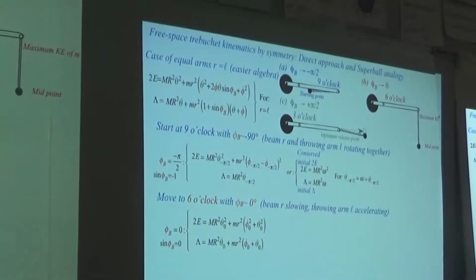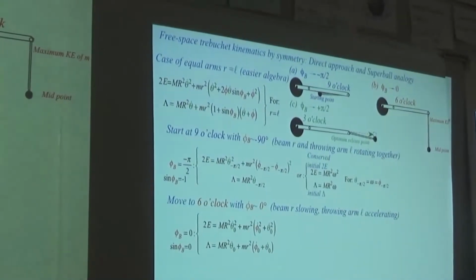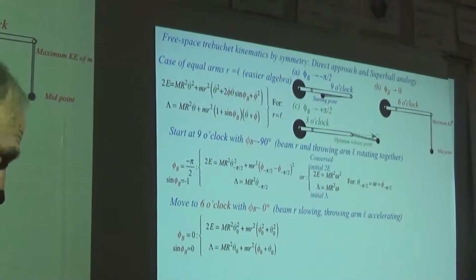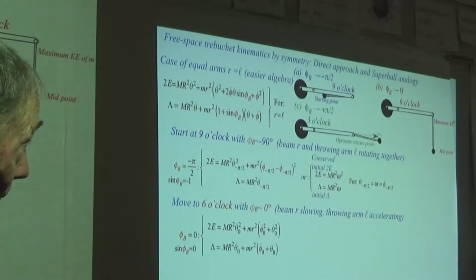So the momentum is in, but now it's time for the thing to respond to that momentum, and that's what's happening next. As we move to 6 o'clock with the phi b, the beam relative angle, now from minus 90 come up to 0.